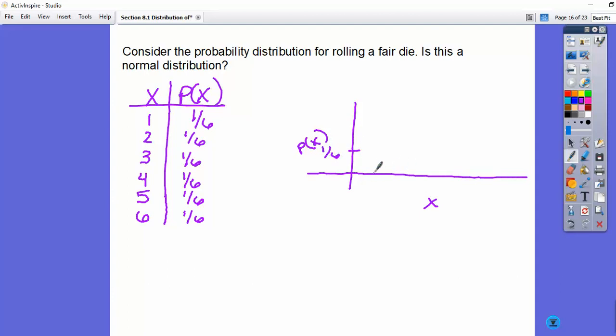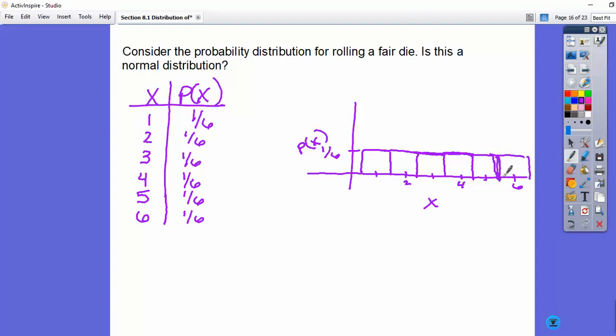So if I graph these, the probability of getting a 1 is 1/6. Probability of a 2 is 1/6. 3 is 1/6. 4 has probability 1/6. So does 5, and so does 6.